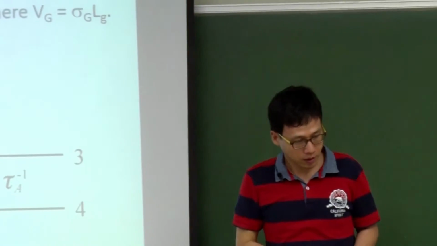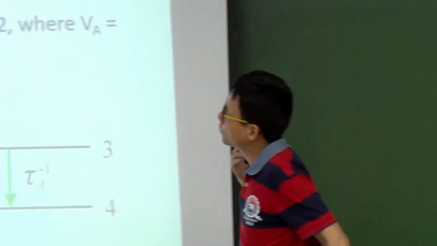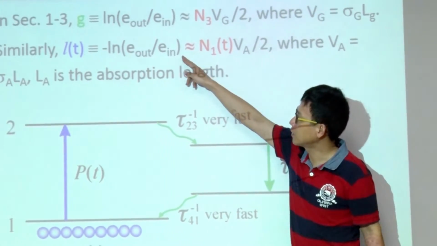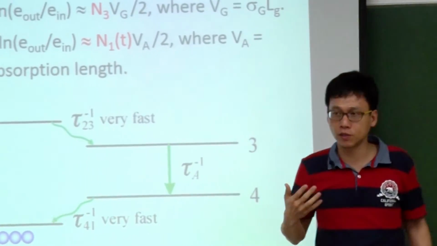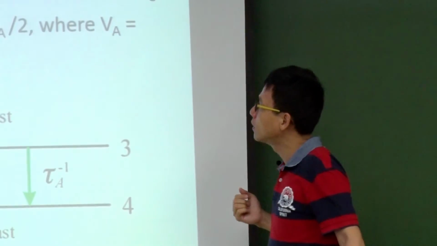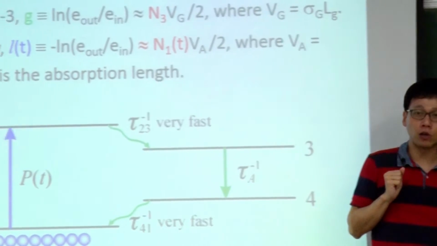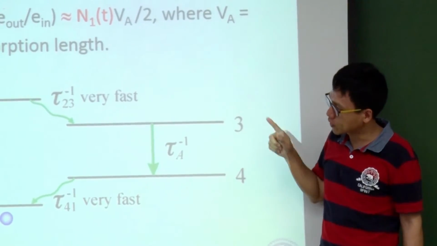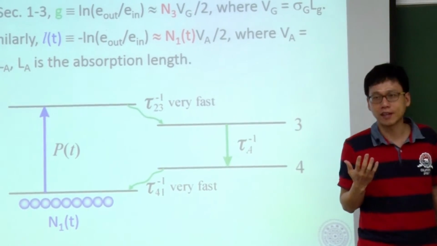Okay. Here, it's very similar. The field loss coefficient, L, is defined in this way. There is a minus sign because now the output is smaller than the input due to the loss. So you need a minus sign. The only difference is that N3 is replaced by N1 because now it's the transition from level 1 to level 2 that matters. Okay?